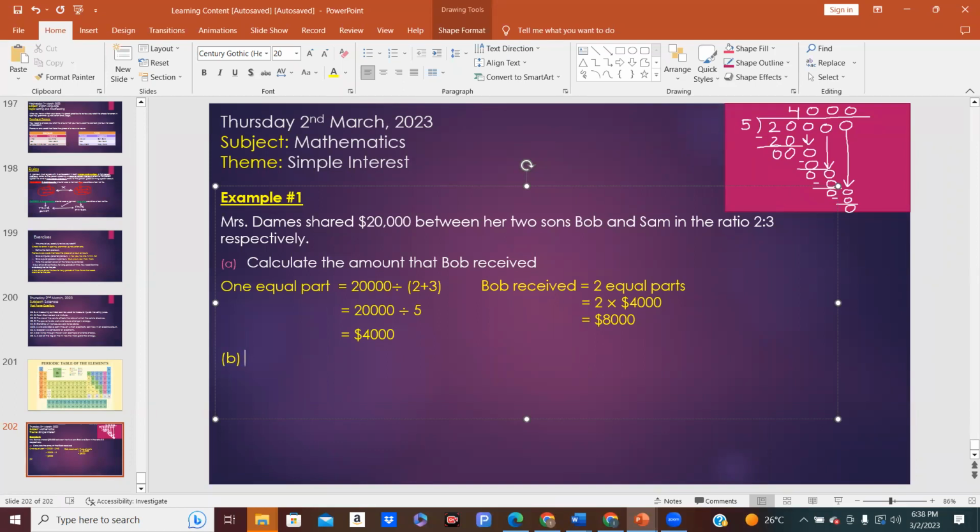So the next question says, Bob invested his share for 2 years at 4% per annum, simple interest.